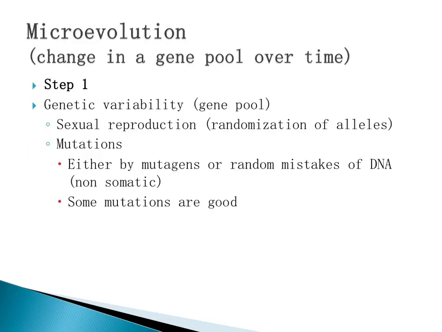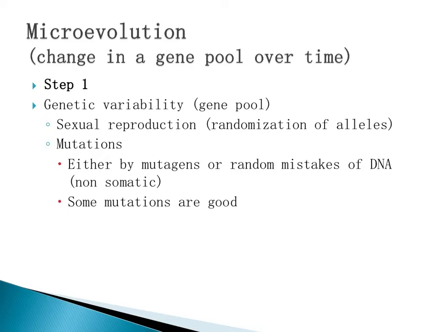There's microevolution, there's macroevolution. Microevolution is a change in a gene pool over time, basically change in gene pool frequency over time. Genetic variability is key. You want to have great variability within a population of species. Let's take frogs, for example. Let's say we have brown frogs and we have green frogs, and for whatever reason all the vegetation gets cleared out of an area.